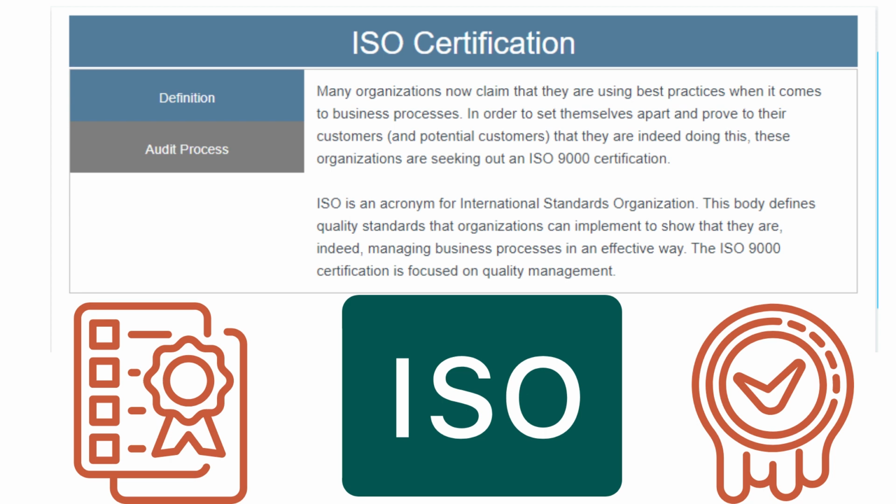ISO is an acronym for International Standards Organization. This body defines quality standards that organizations can implement to show that they are indeed managing business processes in an effective way. The ISO 9000 certification is focused on quality management.